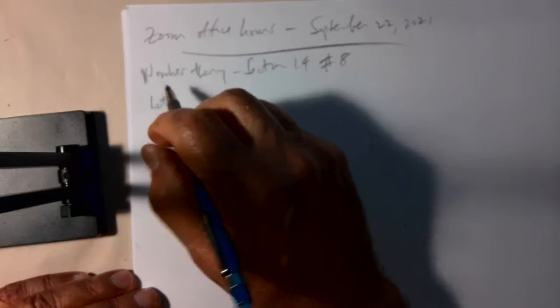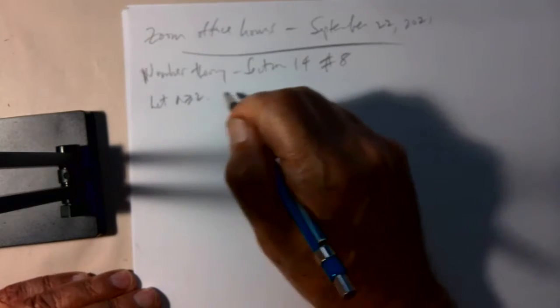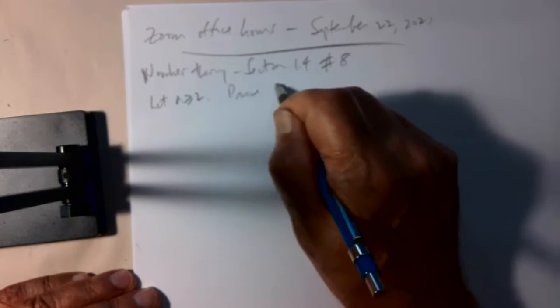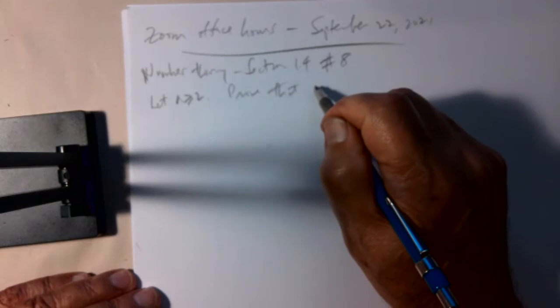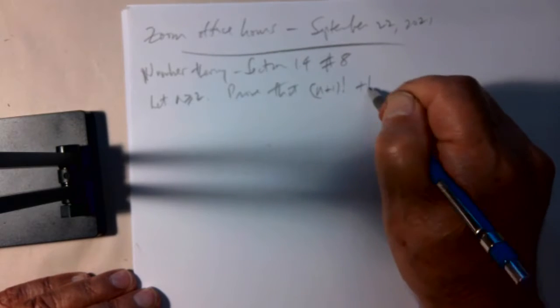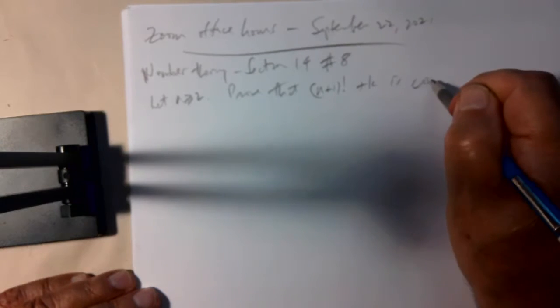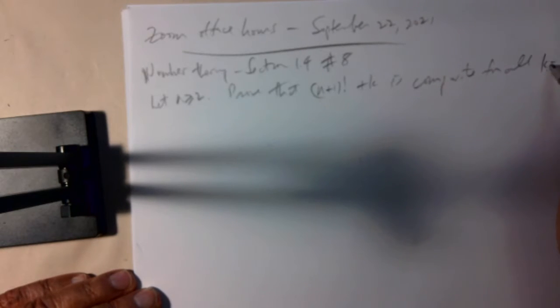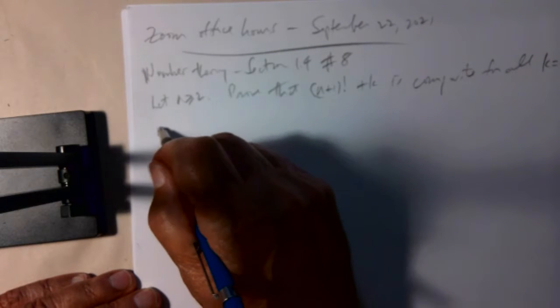And the problem is to show the following: let n be an integer at least 2, prove that (n+1)! + k is composite for all k from 2 to n+1. So let's just do some examples.